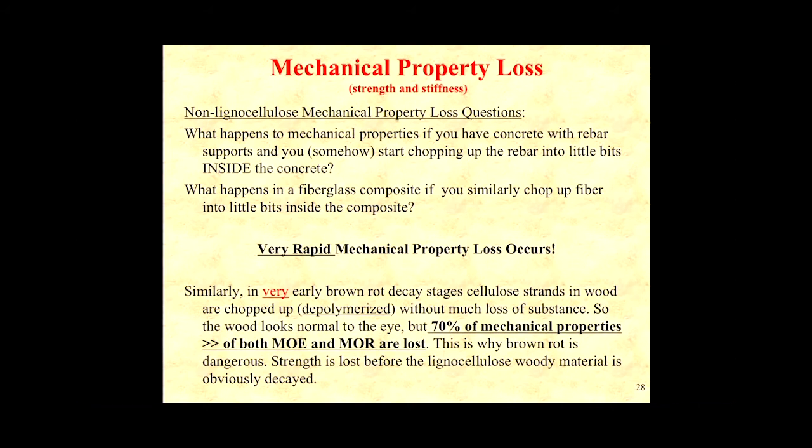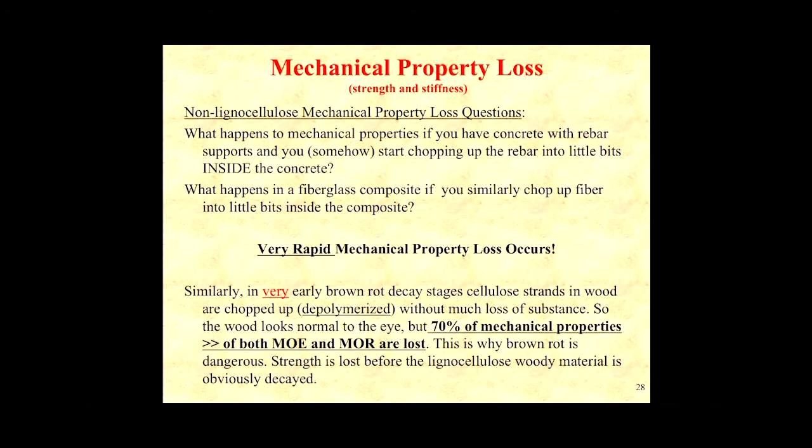You can think of fiberglass or rebar in concrete as being similar to cellulose. These long cellulose strands at the microscopic level provide the rigidity for woody materials. If you chop up that cellulose, your wood loses its mechanical properties very rapidly.